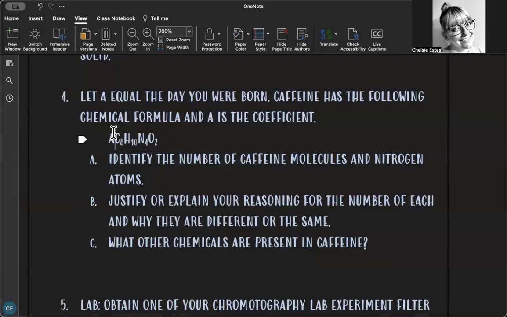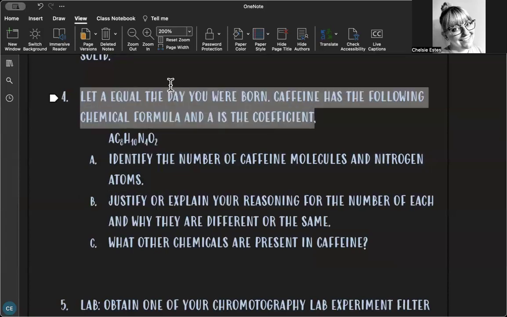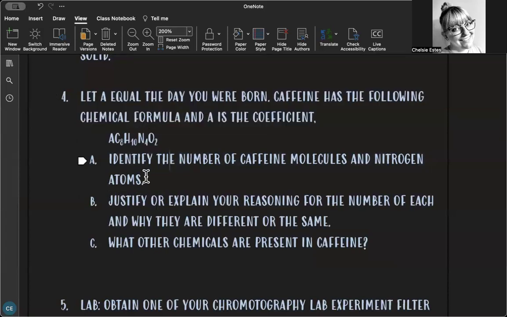Once you identify what your A value is, which would be this portion, you'll want to figure out, okay, how many caffeine molecules do I have? As a hint, this whole thing's caffeine. Caffeine's a big molecule. It's got a lot in it: carbon, hydrogen, nitrogen, oxygen.